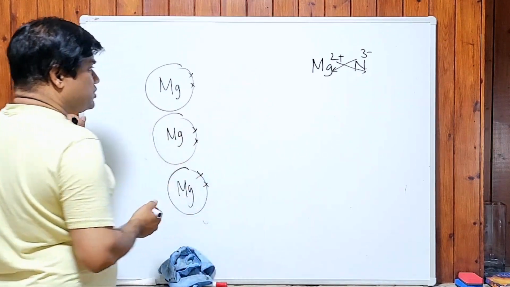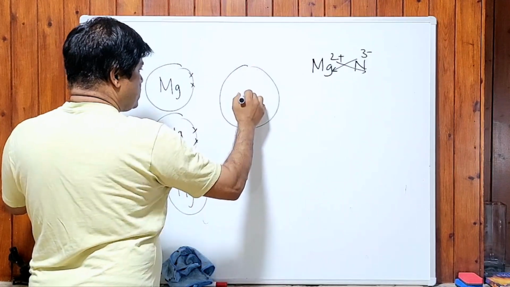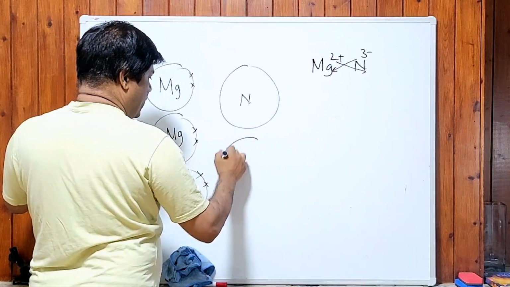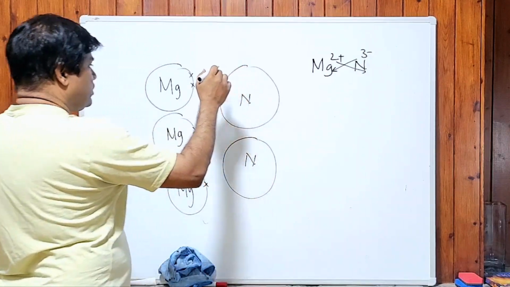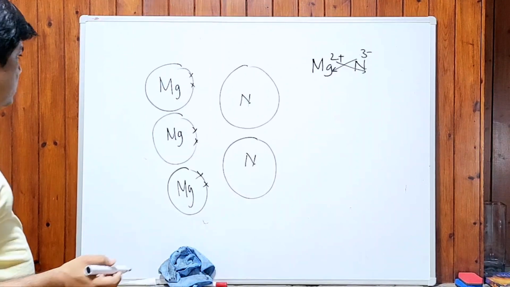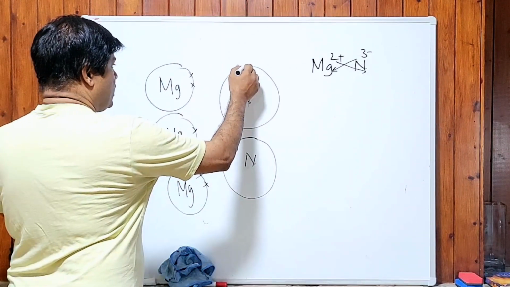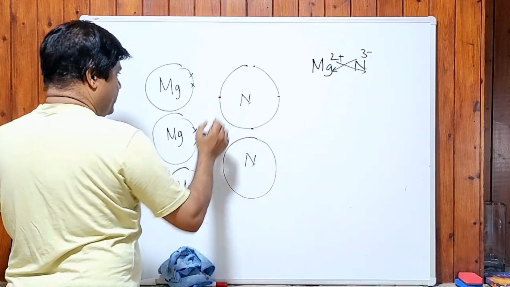How many nitrogen do we need? 2 nitrogen atoms. How many electrons are present in the outer shell of nitrogen? 5.